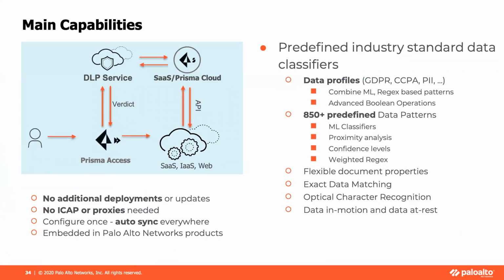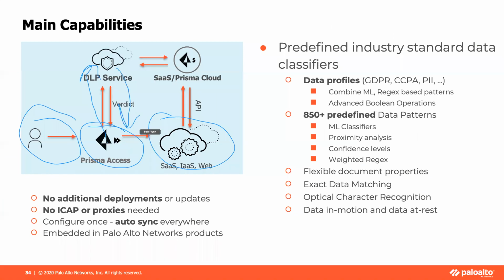The idea with Prisma Access is, as users and devices are trying to access information through Prisma Access in, say, their SaaS solutions or out on the web or whatever you have, this information is fed to our DLP service in the cloud.